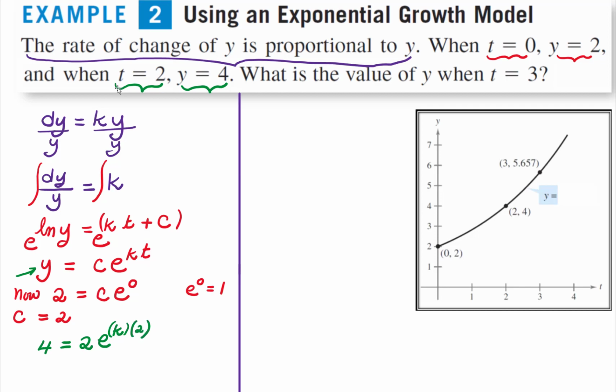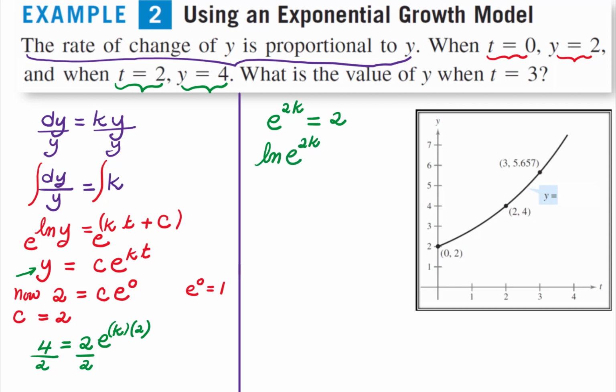Divide both sides by 2. We get e to the 2k is equal to 2. Now we're going to take the ln of both sides to solve it for k.